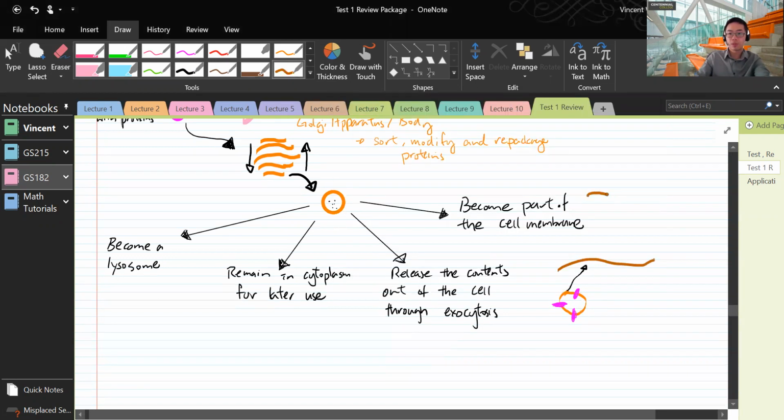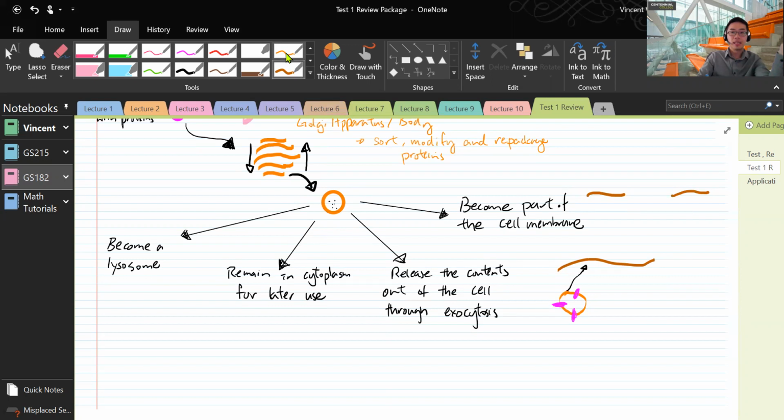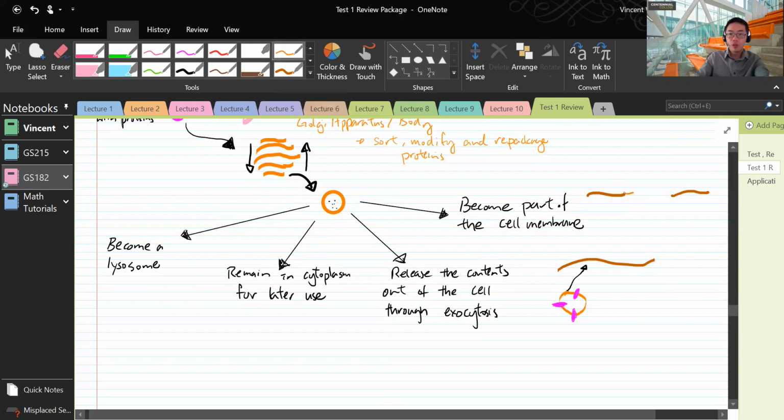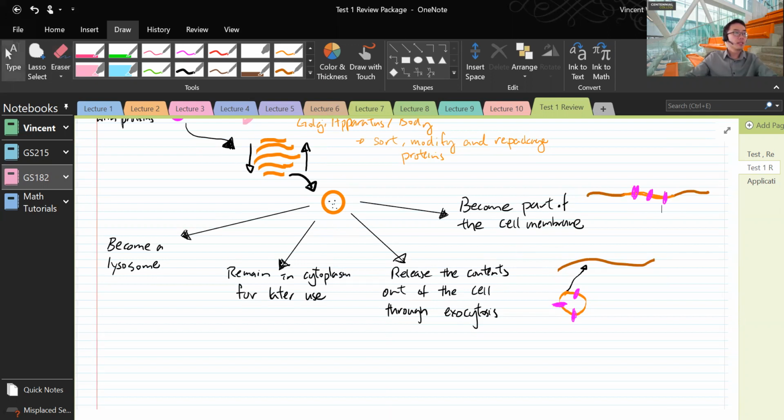Okay, so afterwards, what it is going to look like is this. So this is the old membrane, and then you will have the new vesicle, right? This one, right? Touch it, and then becomes this, and then you will have your integral proteins like that. So that's what it means. All right. So I hope that makes sense.